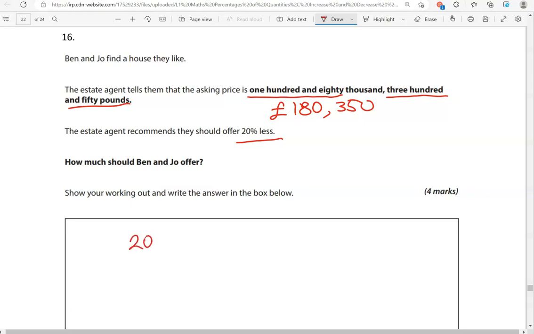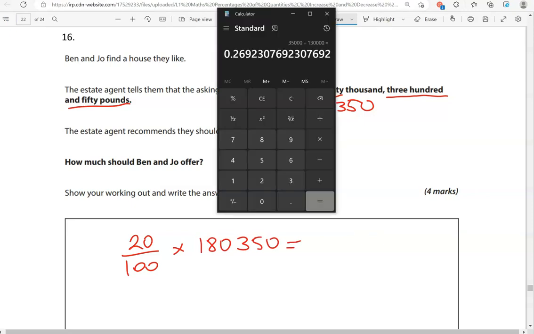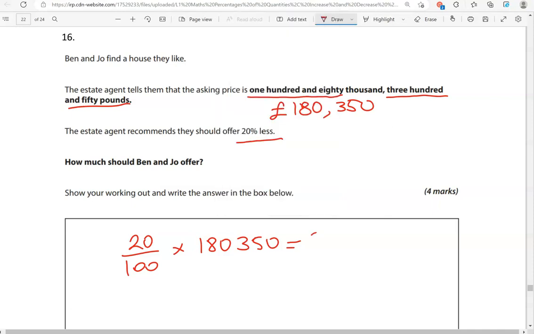So 20% of £180,350, we do 20 divided by 100 times 180,350, which is 36,070. So that's how much less.